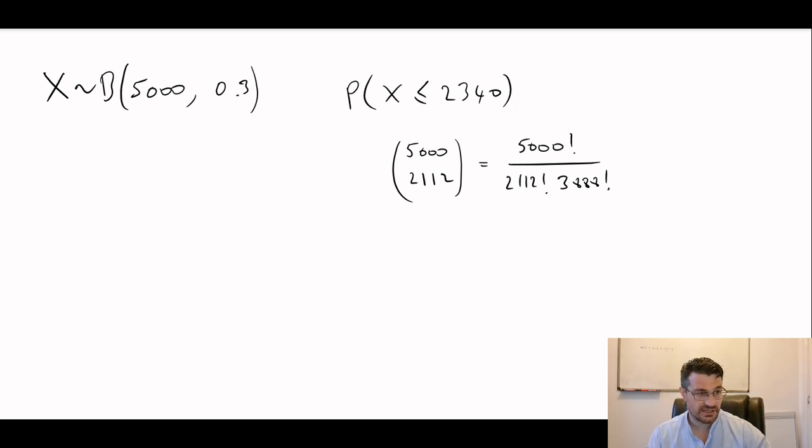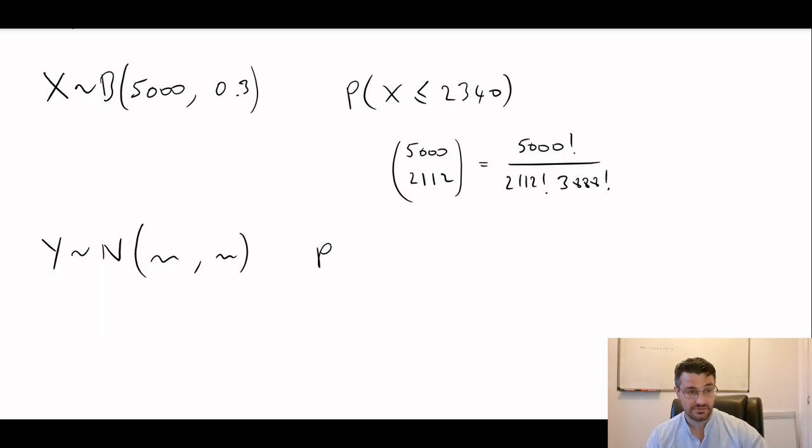If we choose Y distributed normally with certain parameters which are going to be determined soon, then we can replace the probability that X is less than or equal to 2,340 with possibly the probability that Y is less than or equal to 2,340, although we might need to change this number a little bit to get a better approximation. I'll talk about that later in the video.